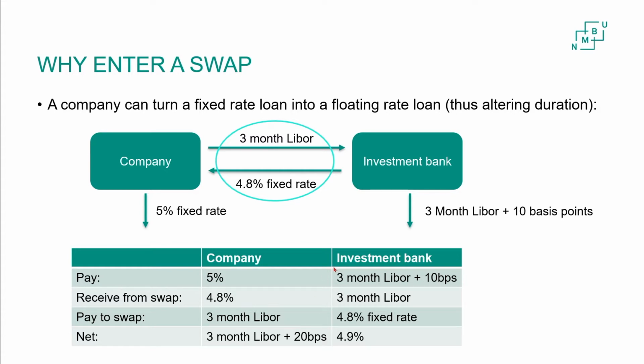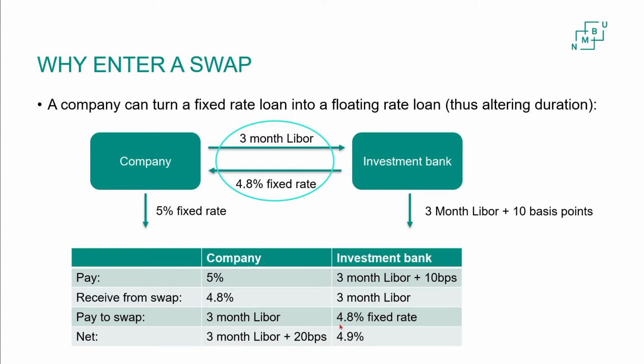The investment bank's position would be the 3-month LIBOR plus 10 basis points, which they pay. They receive from the swap the 3-month LIBOR, and they pay to the swap the 4.8% fixed rate, which means that they pay 4.9% every single period.